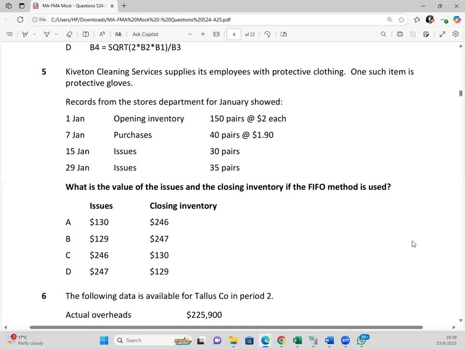What is the value of closing stock and the value of issues? This one I will give you a few seconds to try. It should take you very few minutes.